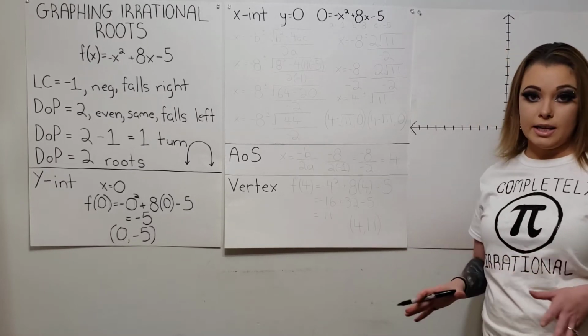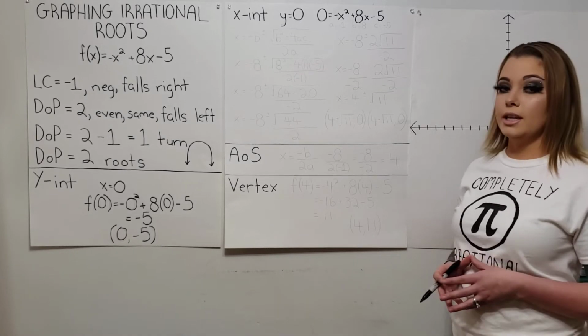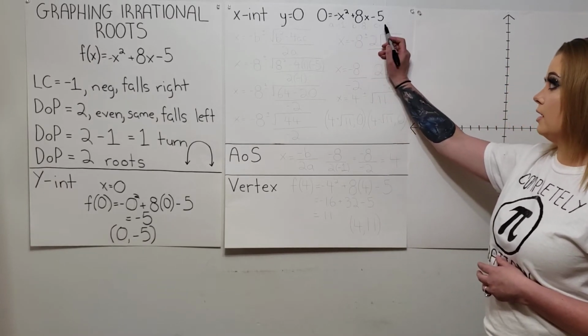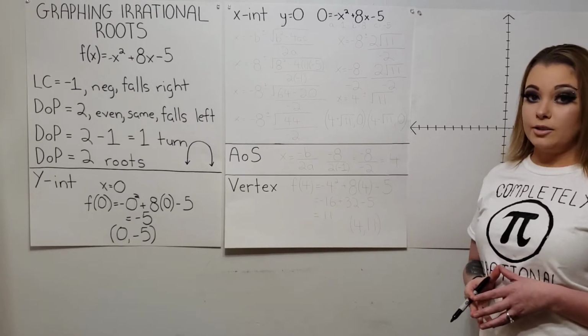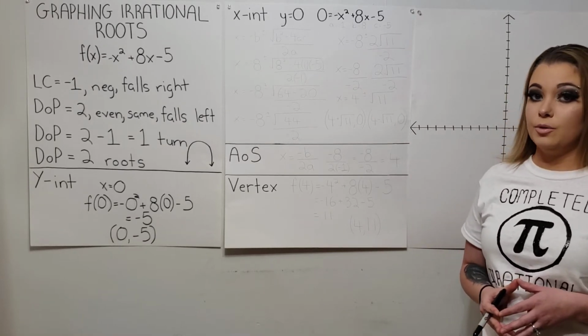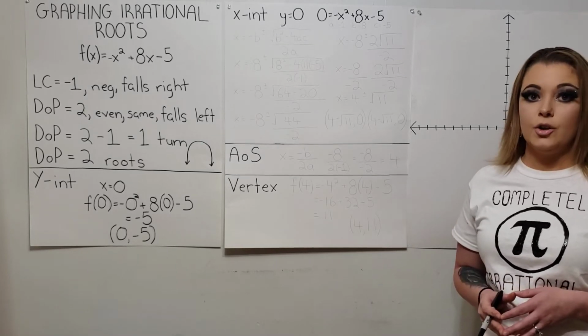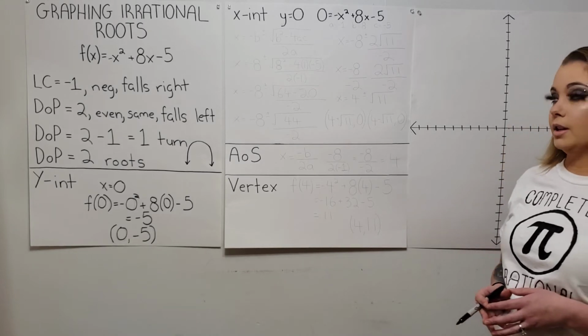Before we do anything else, we're going to try to factor by using the AC method, where our a is -1 and our c is -5. The factors of -5 that add up to be 8, well, there aren't any. So we're going to have to break out our secret weapon, the quadratic formula.